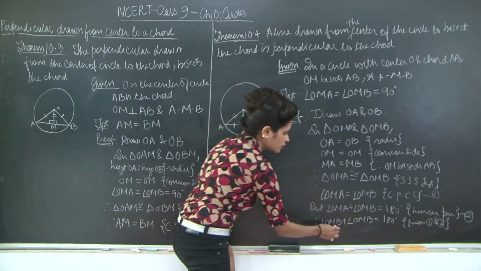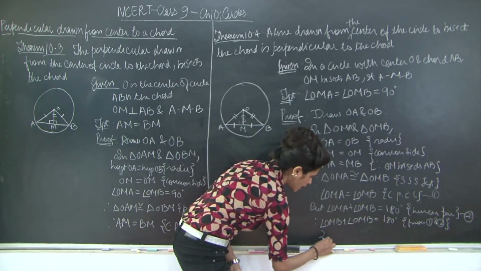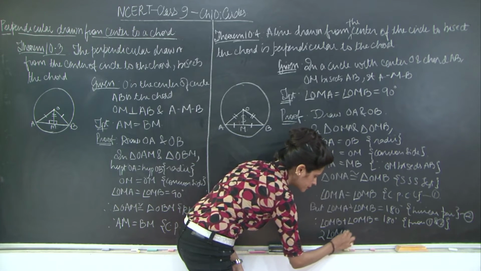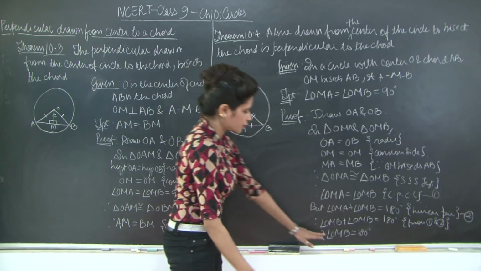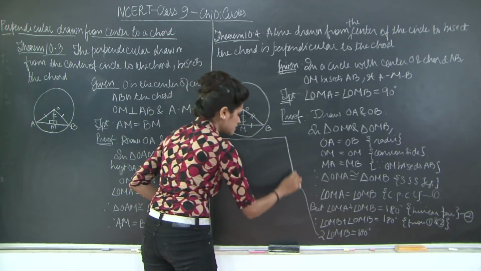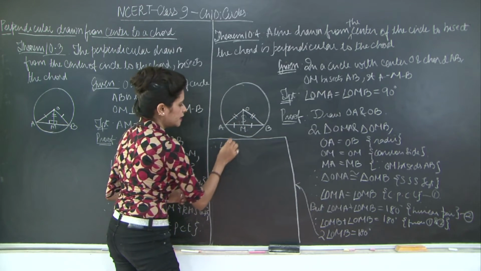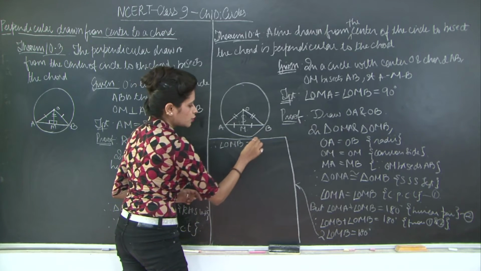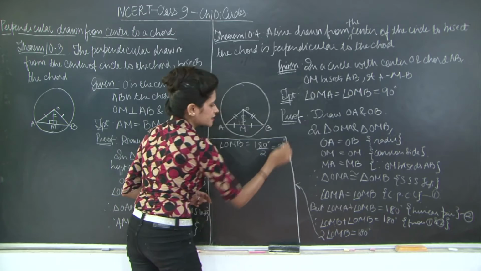Correct? Now this is one apple plus another apple, that makes it two apples. So twice angle OMB is equal to 180 degrees. Right? So let's solve this over here since we do not have enough space. Now therefore angle OMB is equal to 180 degrees divided by 2, which is equal to 90 degrees.